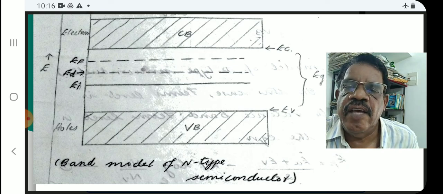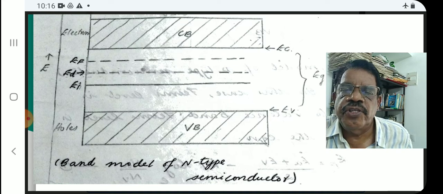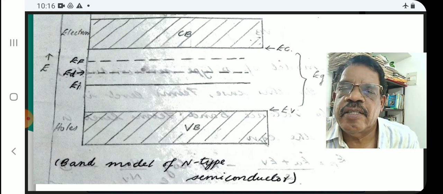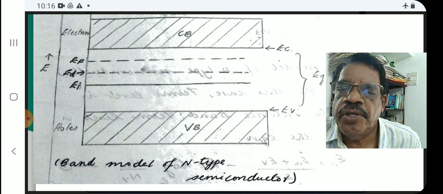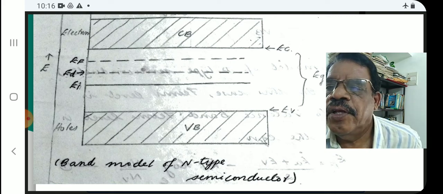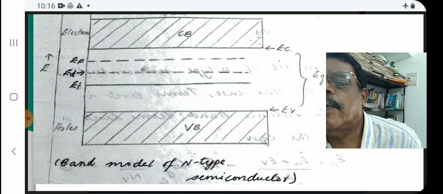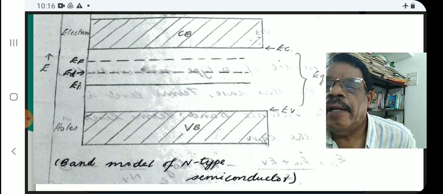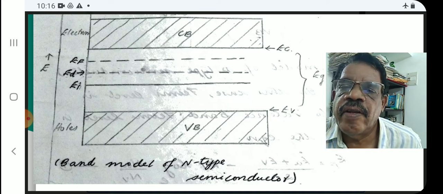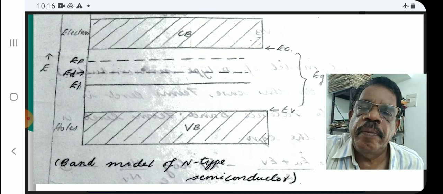EC and EV are marked. And you remember, EC is the bottom of the conduction band and EV is the top energy of the valence band. The Fermi level is shifted to the top, and there is the EI. EI is the intrinsic level, the middle level.